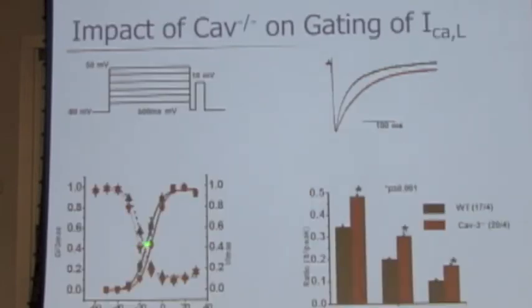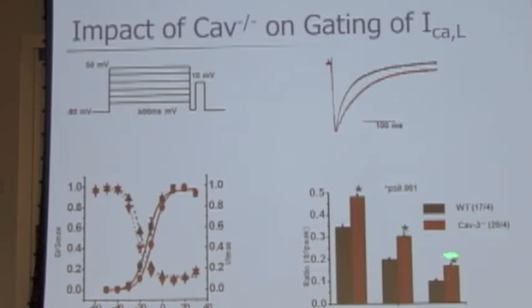And if we look a little bit more at the voltage-dependent gating, we didn't see clear differences in activation or inactivation of the current with steady-state inactivation measurements. But if we plotted the currents and overlapped them, we could see that the L-type currents in the knockout mice decayed more slowly. And this is shown as the ratio of the current at 50 milliseconds relative to the peak is increased in the knockout at 100 milliseconds as well as 200 milliseconds.